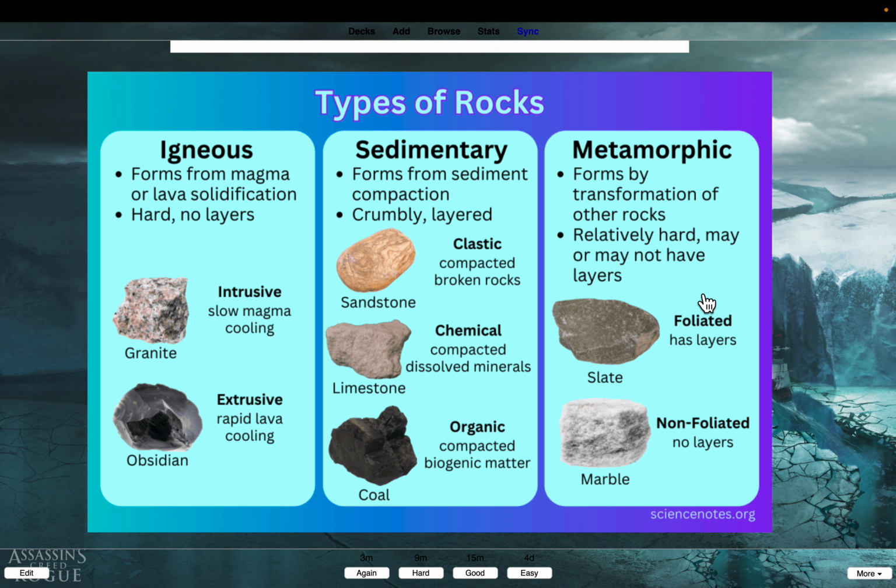And there are subtypes for each type of rock. For igneous, we have intrusive types. They cooled slowly. For extrusive igneous rocks, let me think. Okay, I remember. So for igneous intrusive, the cooling, the crystallization process, has been completed while they are inside the Earth's surface.